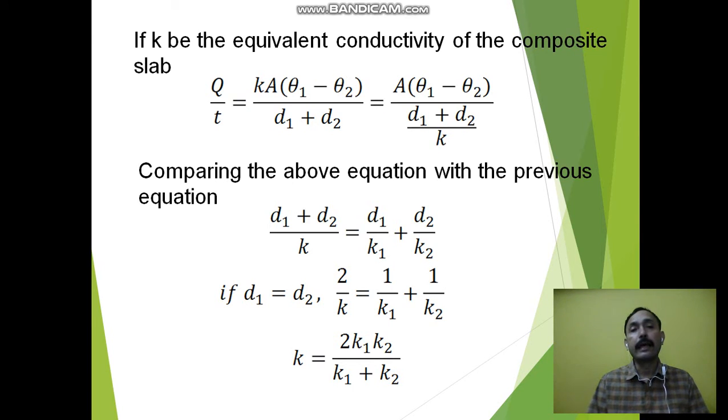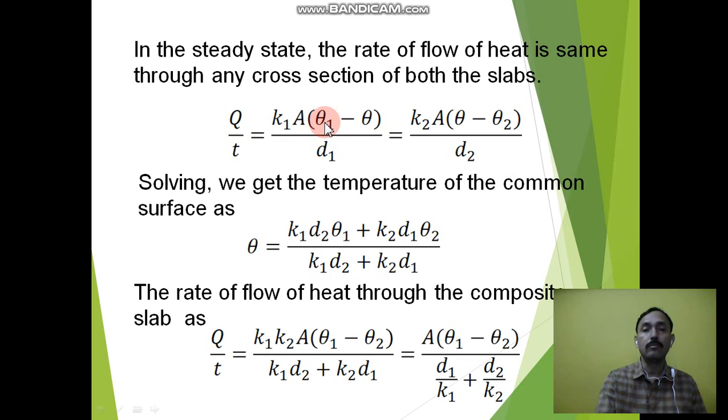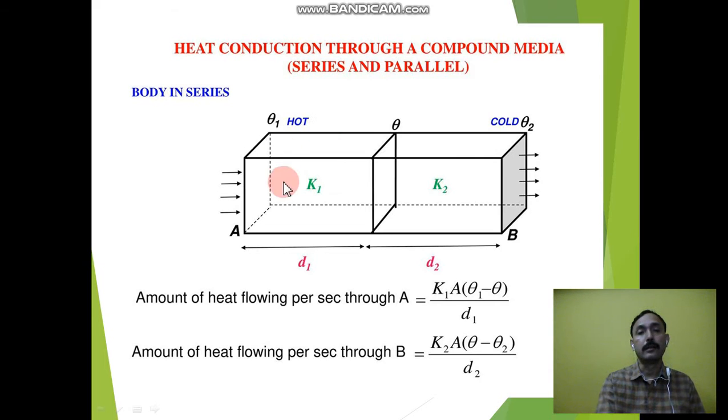Now if K be the equivalent conductivity of the composite slab, then Q by T will be K A (θ1 minus θ2) by (d1 plus d2). How? Let us come to this picture. Consider these two becoming one slab.